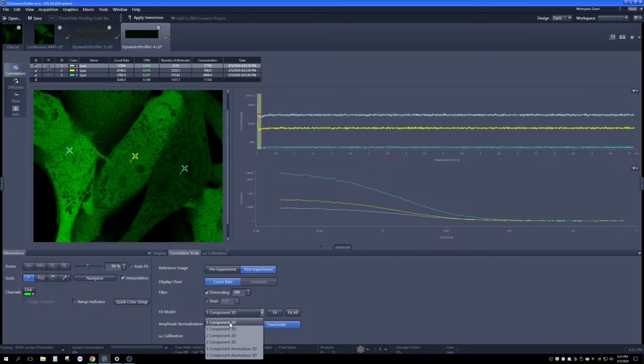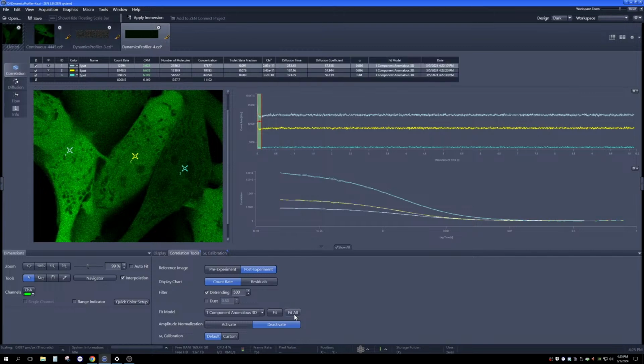Those are the scenarios where you would want to apply these, whether it's across a membrane or in full 3D volume. Whenever you're working in living systems, you're typically going to be applying your 1 component anomalous 2D or 3D. Anomalous just means that we are restricted in some way, and since we're looking at cytosolic, I'm going to do full 3D. If you were looking across the membrane, again, we have a 2D fit model here.